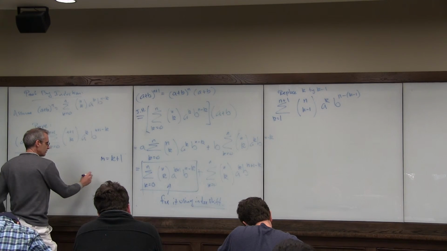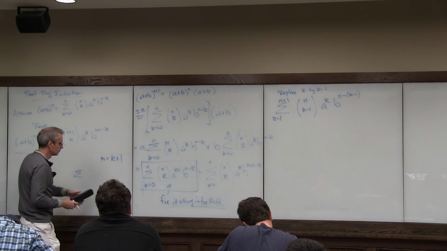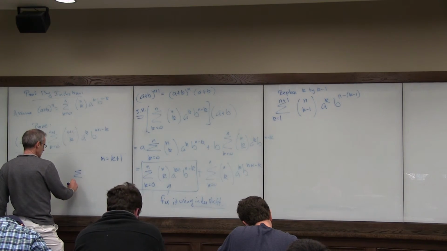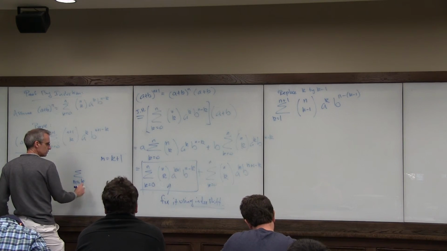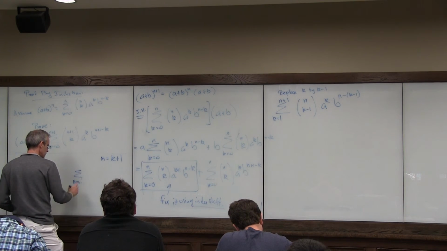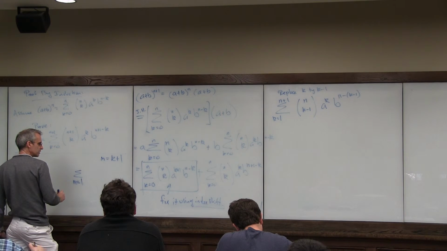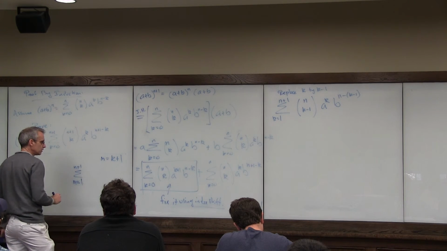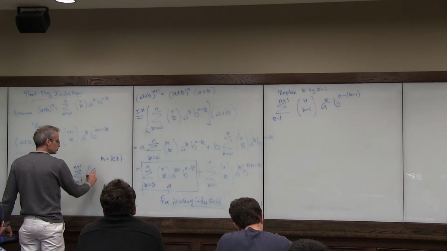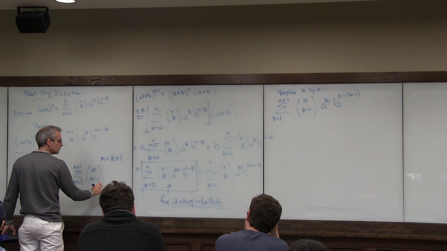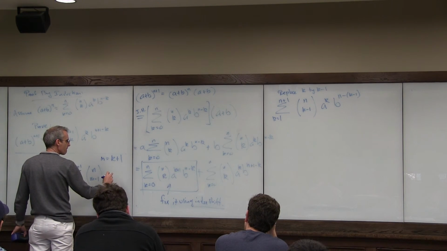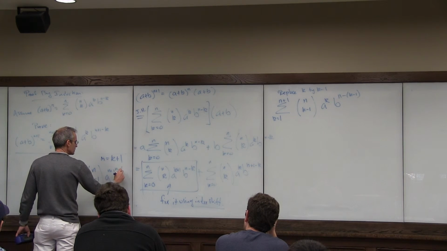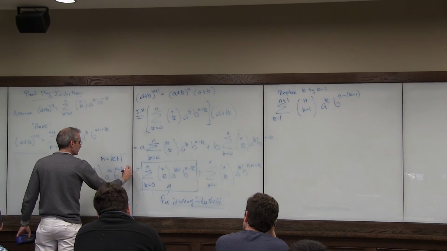So that would give us the sum from m equal 1 to n plus 1 of n choose m minus 1, a to the m, b to the n minus m minus 1.